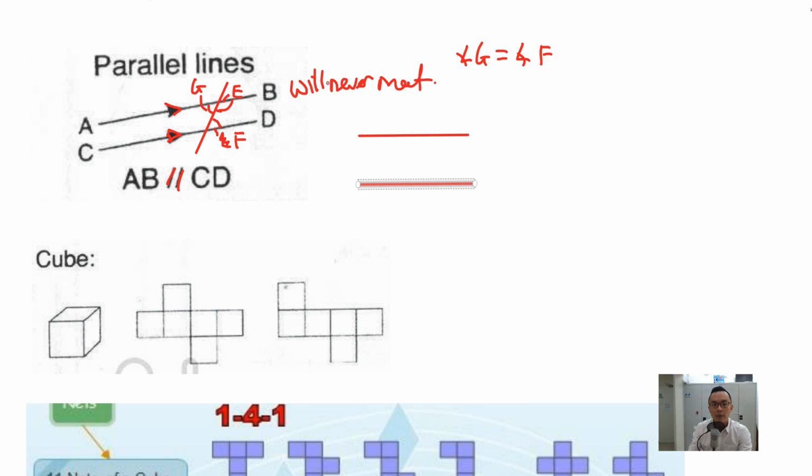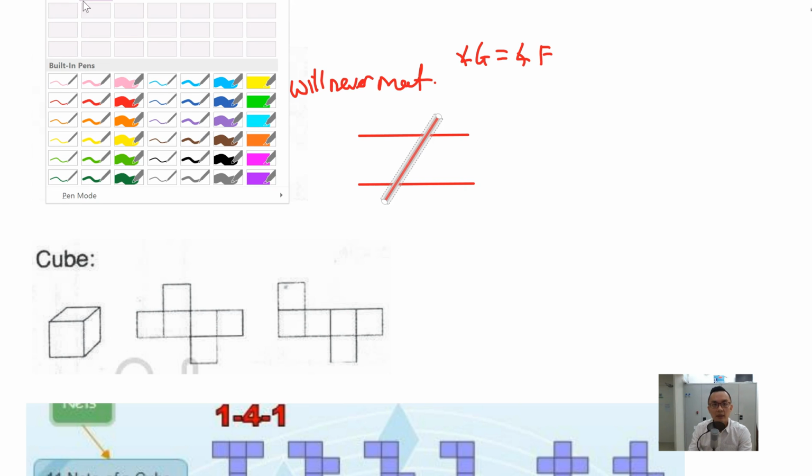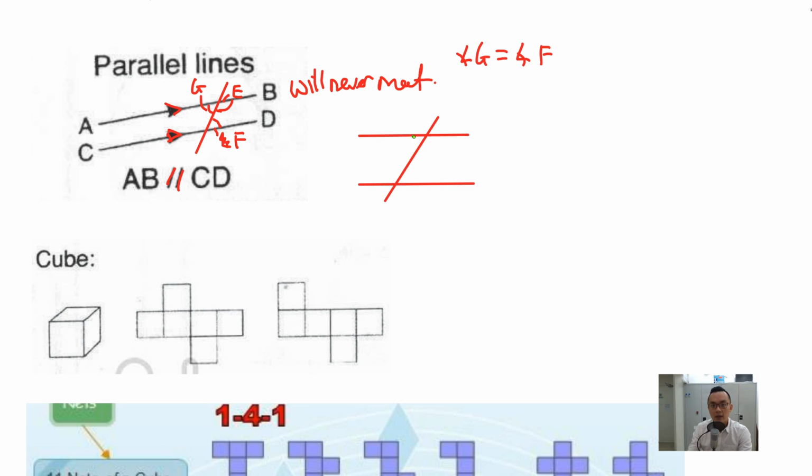Let's say they are parallel, and I have a line that cuts through. Basically this angle and this angle, which form the letter Z, are equal. So this is angle A, this is angle B, so angle A equals angle B.